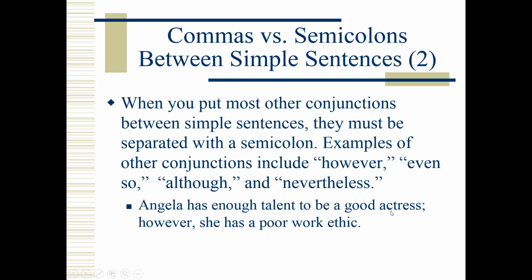We would do a semicolon here, and then for a longer conjunction like however, to offset it from the rest of the independent clause that follows it, you would do a semicolon there and a comma there.